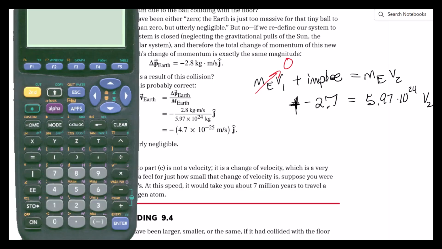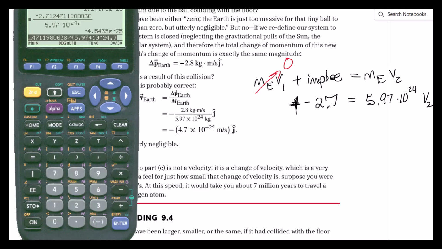So if I've got this 2.7 thingy, and it's negative, divided by 5.97 times 10 to the 24, then it gives me negative 4.5, and they're getting a different answer because they were rounding constantly.